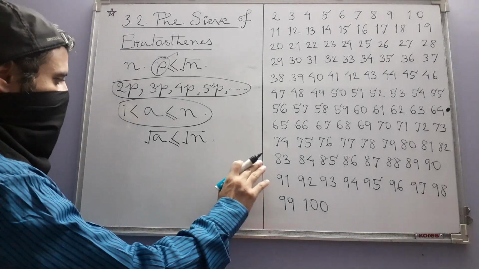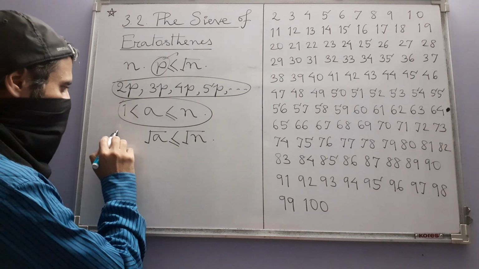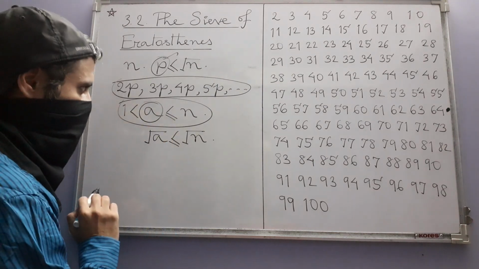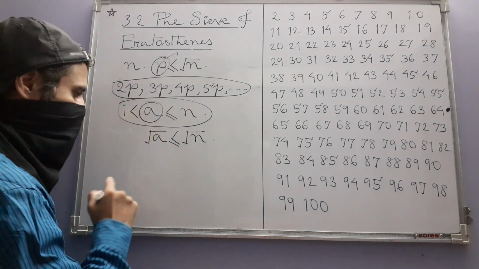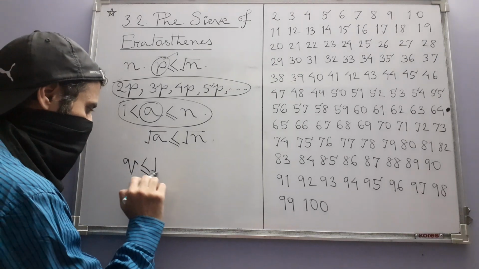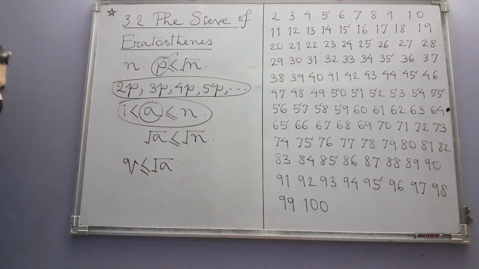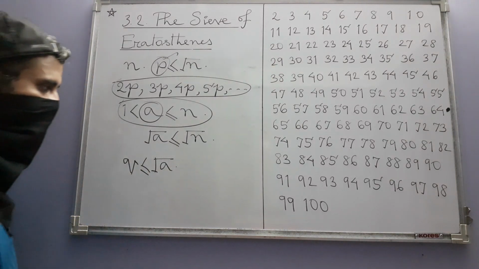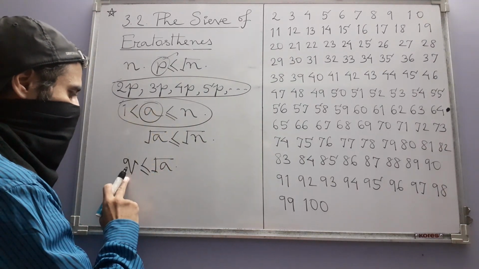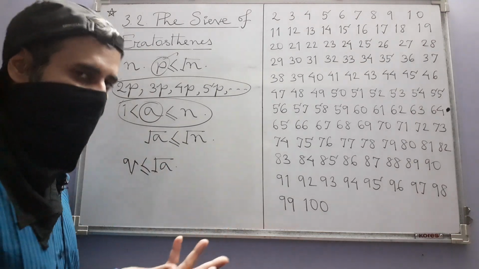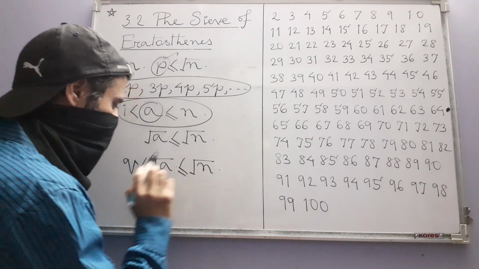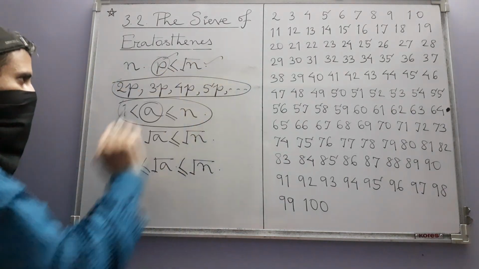And in that process, if your a itself is composite, then by our property, it has some prime q less than or equal to the square root of a, because that's what that property says. If a is composite, then it has a prime factor which does not exceed its square root. But then that q is also a prime of this type.